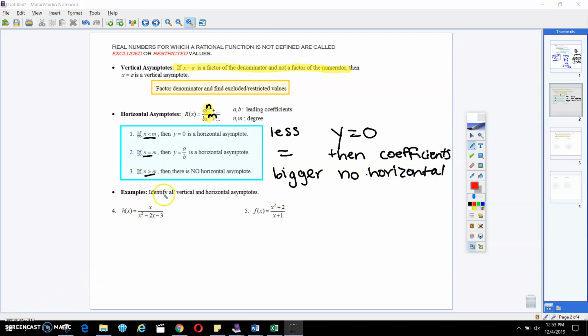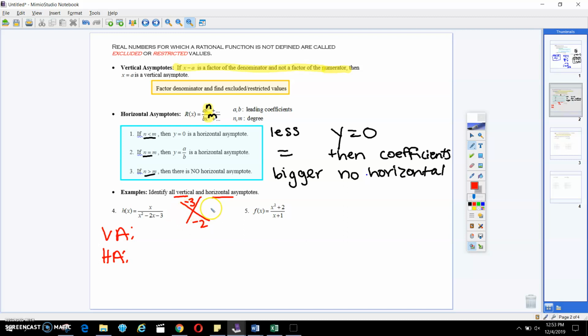So in this first example, it says we're going to identify the vertical and horizontal asymptotes. So for the vertical asymptote, in order to do this, we have to factor what's in the bottom. So if we factor what's in the bottom, we're going to say a times c is going to give us -3, and our b value is going to be -2.